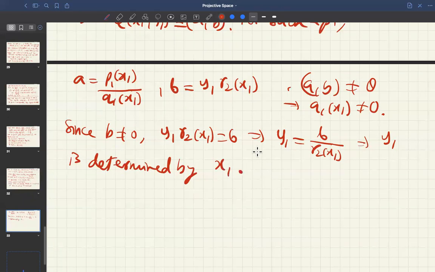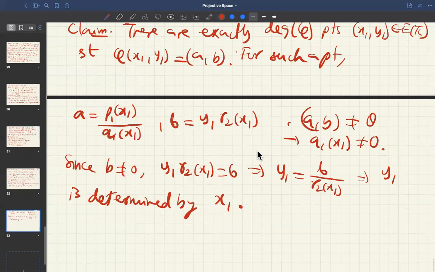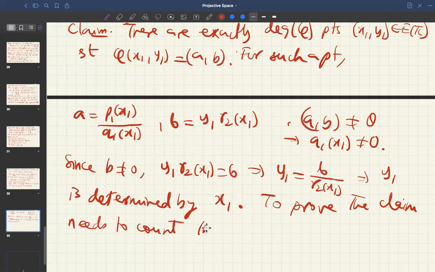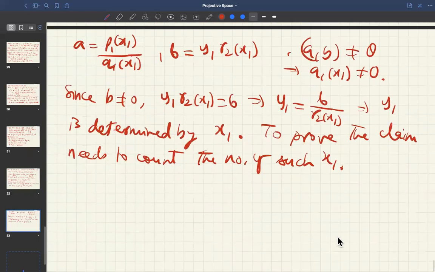So to prove the claim, we need to count the number of such x1. Let's try to do that.